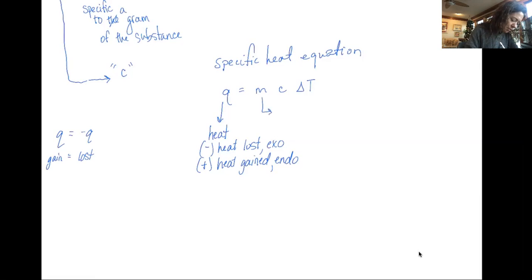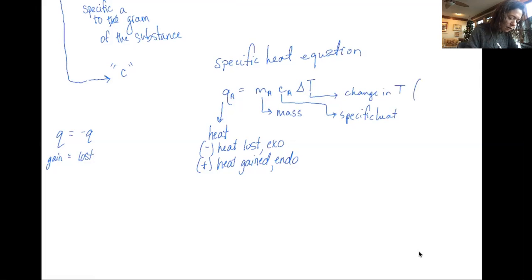This is the mass of the substance that gained or lost the heat. So if this is Q for A, this is the mass of A. And then here we have C, which is the specific heat of A. All right. And here, as you see, delta T is always the change in temp.